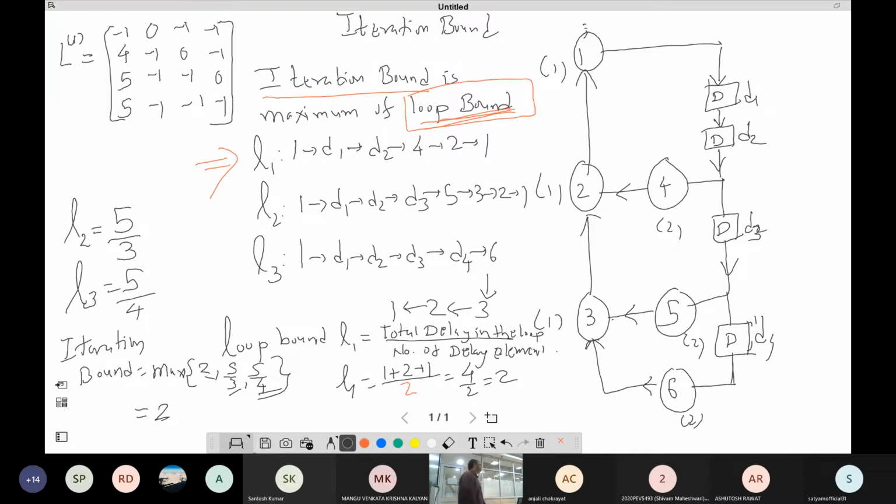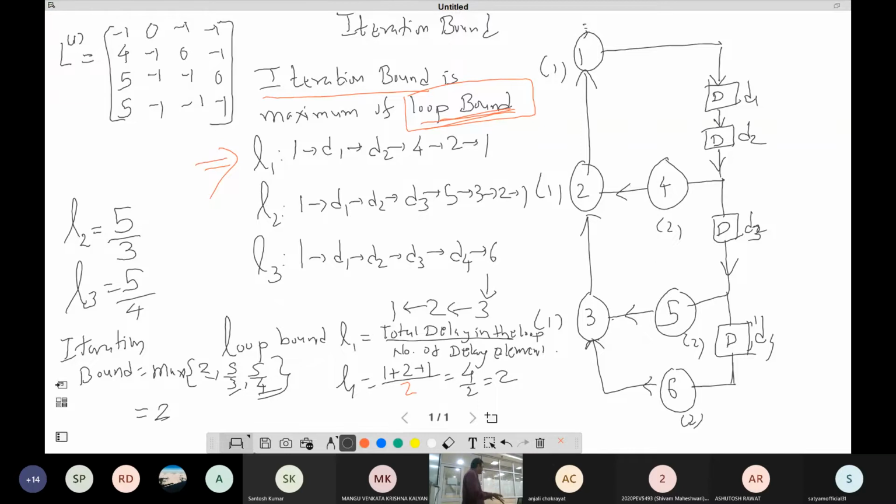Over here, as I said, we are just relying on our observation, and we may come up with a wrong observation where we may miss something. If particularly we miss a loop which has the maximum loop bound, then ultimately you will end up with the wrong value of the iteration bound, because the iteration bound is the maximum of the loop bounds.